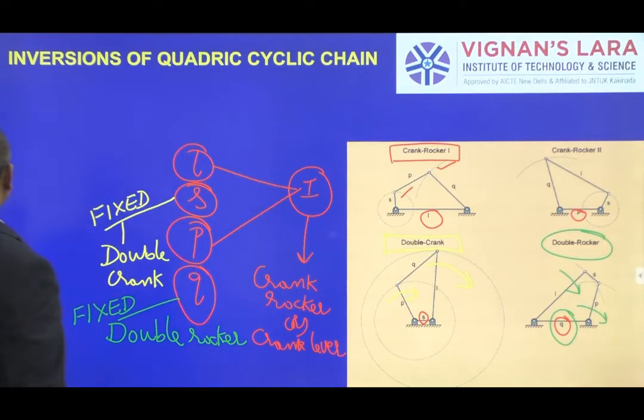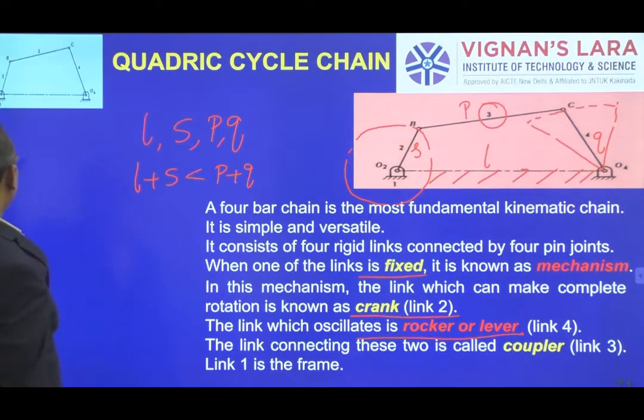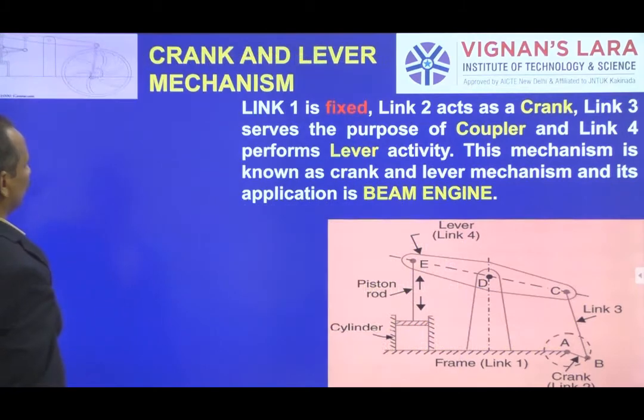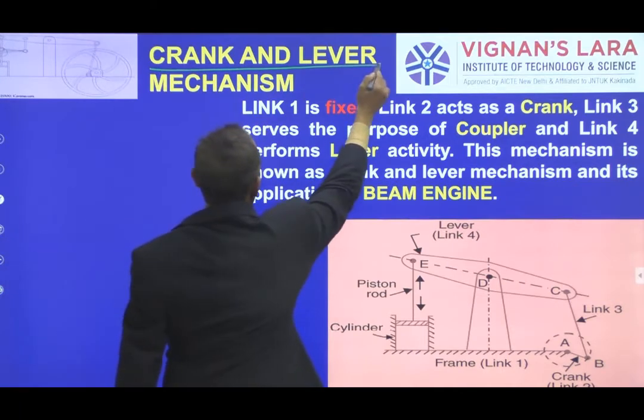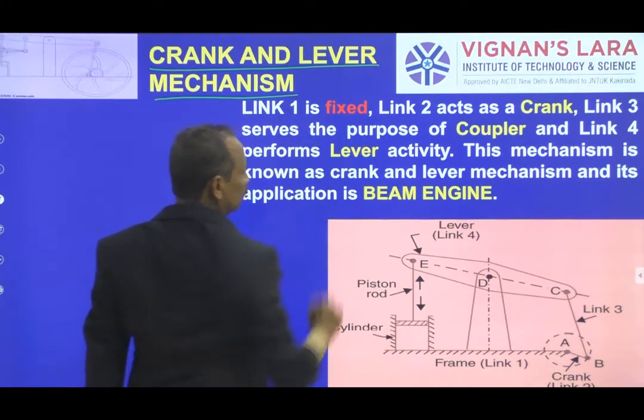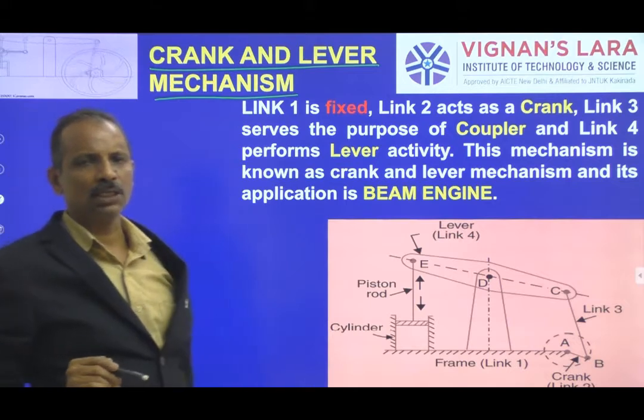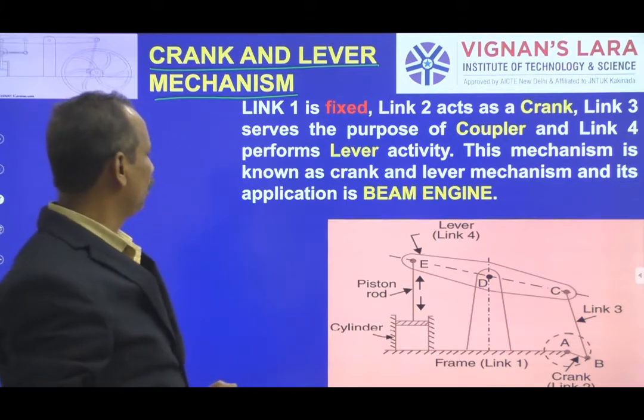Now I will show you the practical cases of these inversions one by one. So the first one, which we said, is the crank and lever mechanism and its practical application.